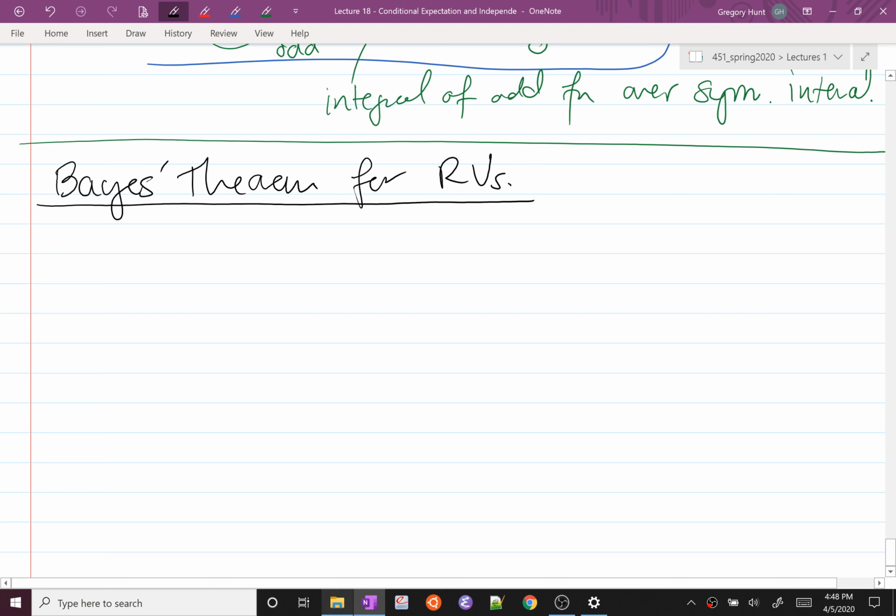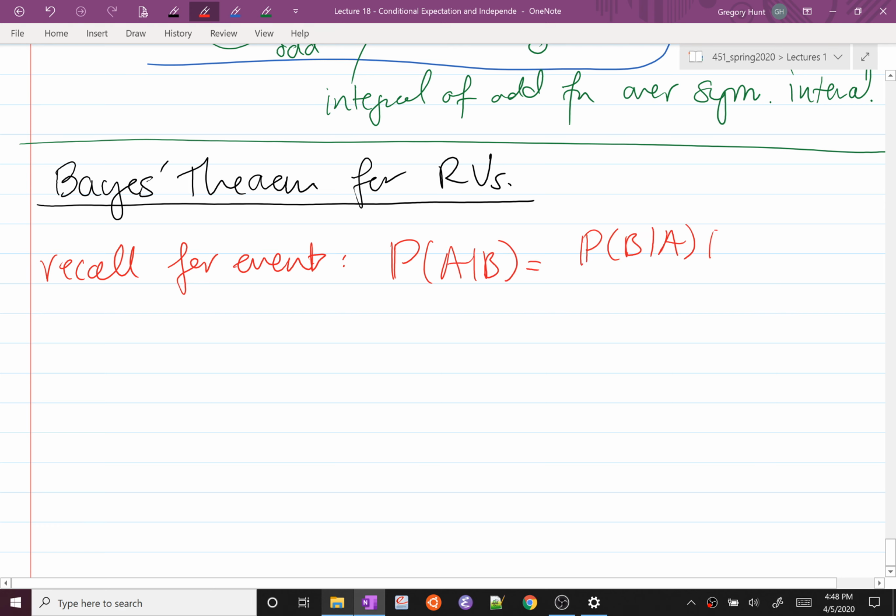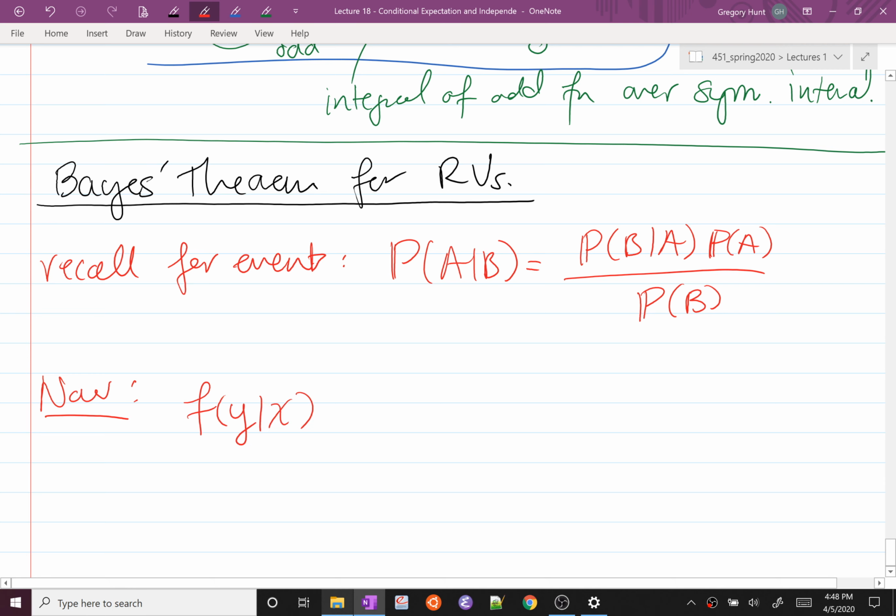If you recall, for events, Bayes' theorem said that the probability of A given B is the probability of B given A times the probability of A over the probability of B. Now, I can say that for the conditional PMF or PDF, the conditional distribution of Y given X, for example, I can pull a similar kind of thing.